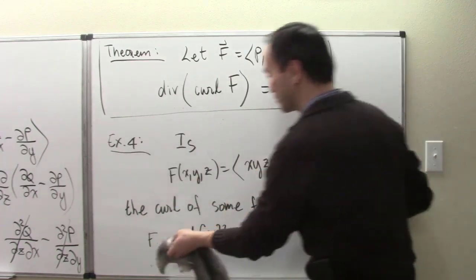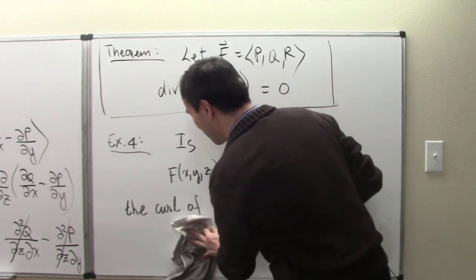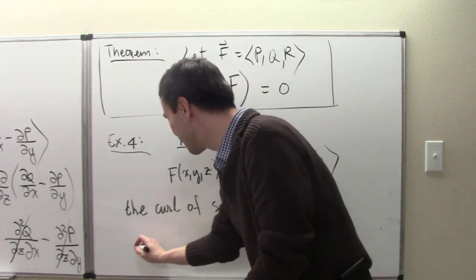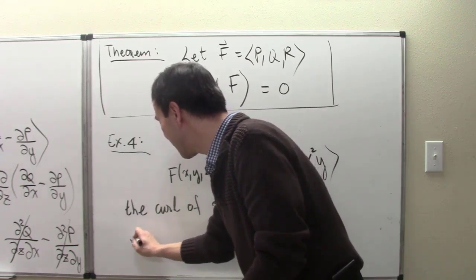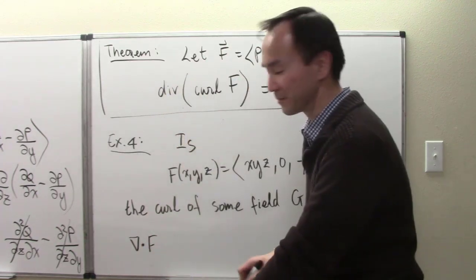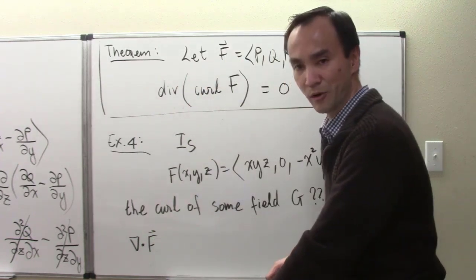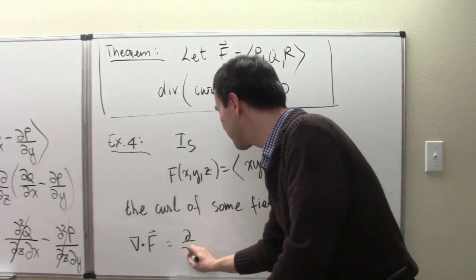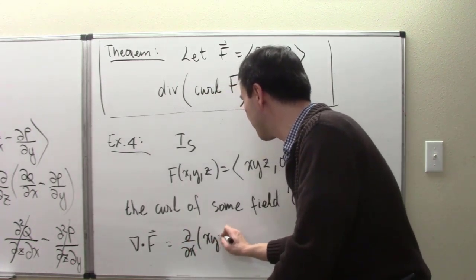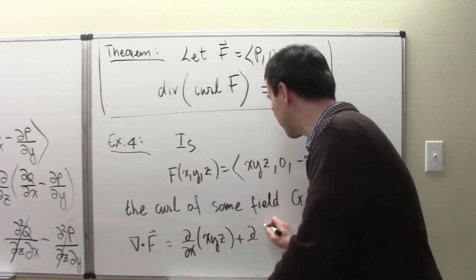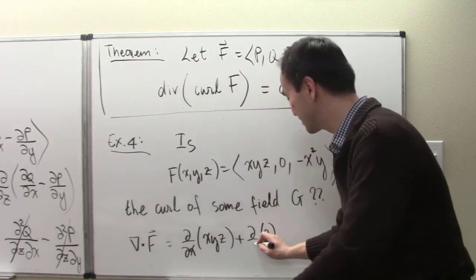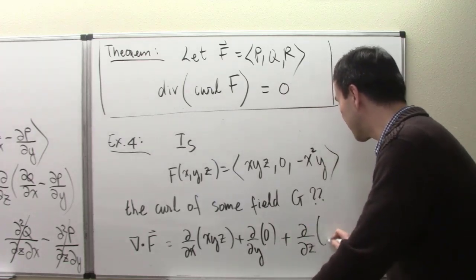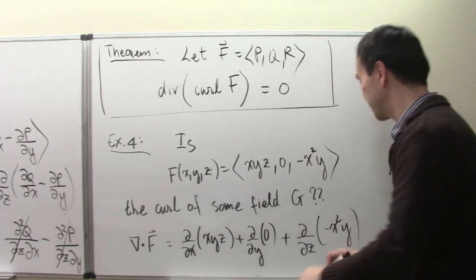And so with that plan in mind, we're taking the divergence of F. It's a good time to make use of that symbol right there. Here we're looking at the partial derivative with respect to x of the x component, plus the partial derivative of the 0 function in the middle with respect to y, plus the partial derivative with respect to z of the third function, minus x squared y.